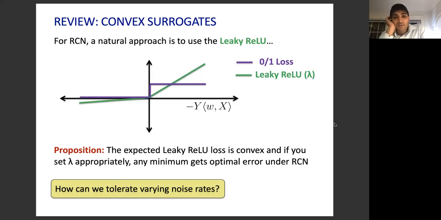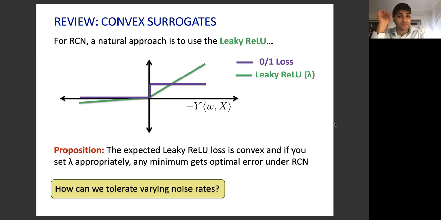But the important thing, which I'll just assert as a proposition for now, is that if you choose this parameter lambda correctly, how much you're changing the slope, then not only is it a convex loss, but you can show that minimizing it solves the learning under RCN problem.